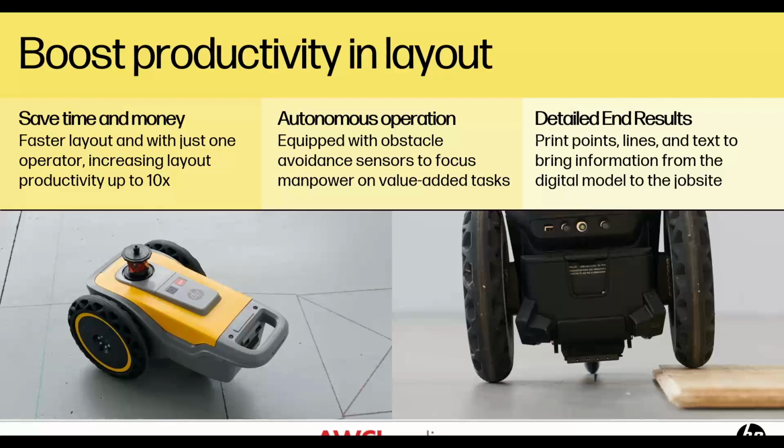I think one of the useful aspects of HP SitePrint is that it's highly autonomous. So it's got obstacle sensors and cliff sensors, so it doesn't bang into things. It doesn't drive off the edge of the building when you're not manually operating it. And what that enables your layout personnel to do, especially if they're leadership, if somebody has a question, they can come up and ask it.